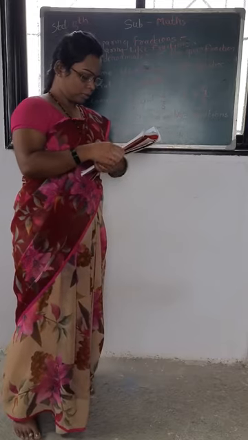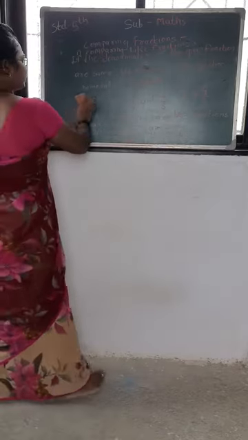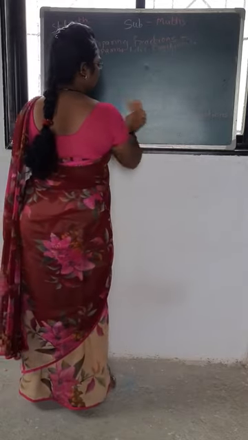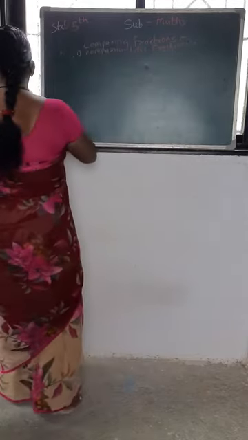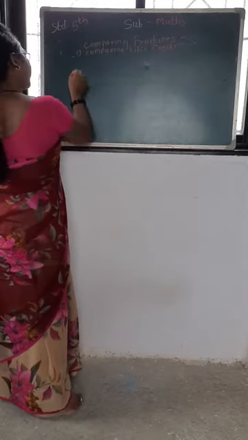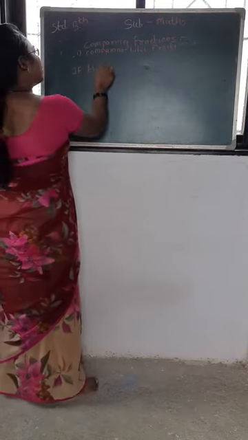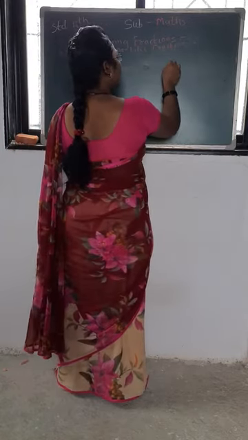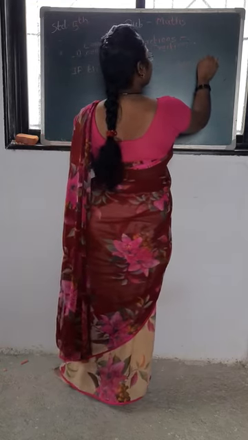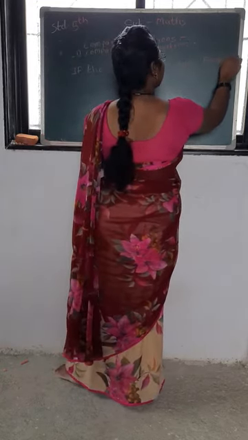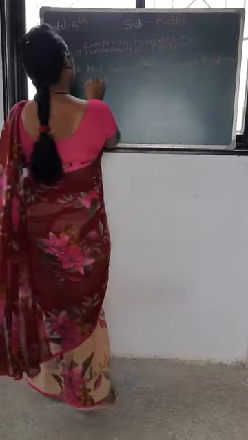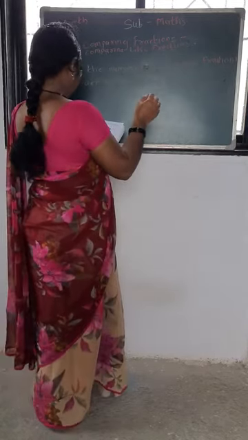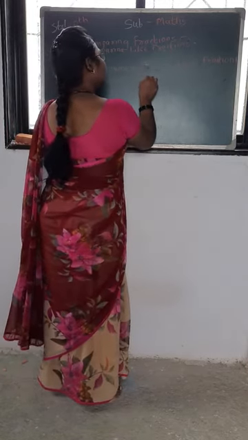Then the next point is, if the numerators of the given fractions are same, the fraction having smaller denominator is greater.